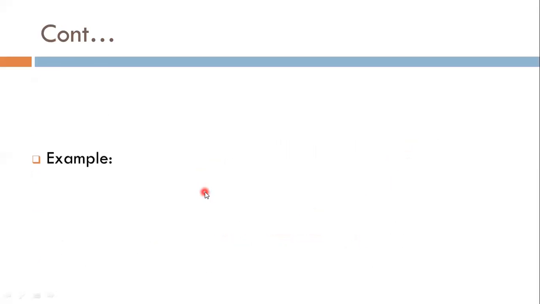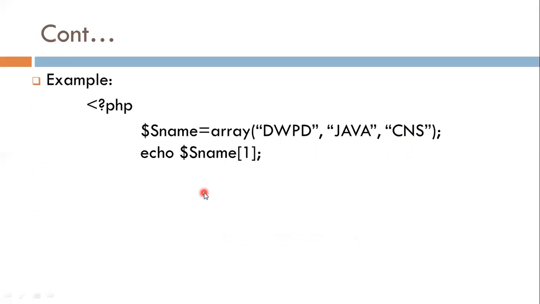Now third example. Here I declare the same array, subject $sname, with 3 subject names using array function, and I write a statement like this: echo $sname in brackets index number. So here index 0 is for DWPD, 1 for Java and 2 for CNS.